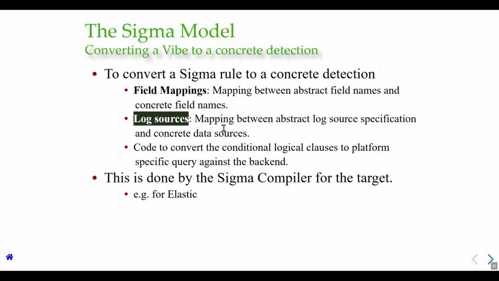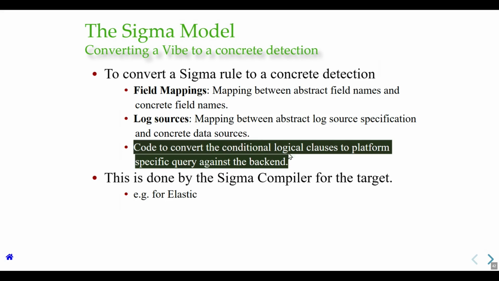Are we collecting process execution at all? So it maps between when the rule says I need process creation, then the log source tells us where we're going to get these events from on this system. And then finally, it's a compiler, so the Sigma compiler converts it to some kind of query language that is used by the backend.